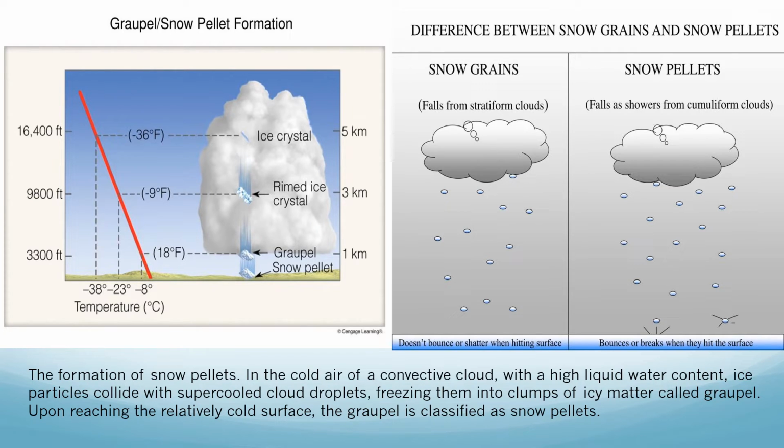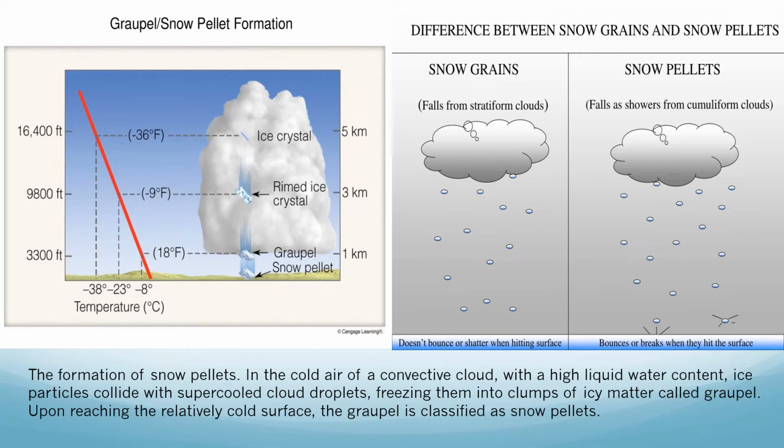So, when the ice crystal collides with a supercooled water droplet, it immediately freezes the droplet and produces a spherical accumulation of ice matter. We call it rime, and this rime contains many tiny air spaces.